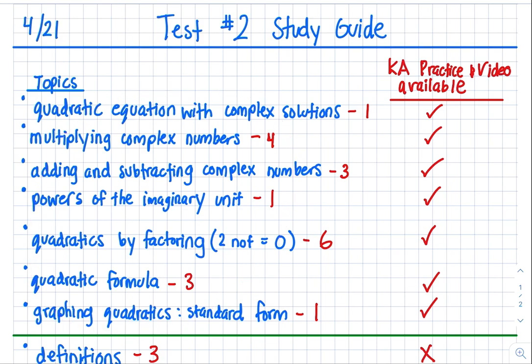Now, quick note on this, you do have quadratics by factoring in your Khan Academy. But in Khan Academy, it has all of your quadratics by factoring equal to 0. So there's going to be 2 that aren't. Let me show you an example. Remember, this is quadratics by factoring.